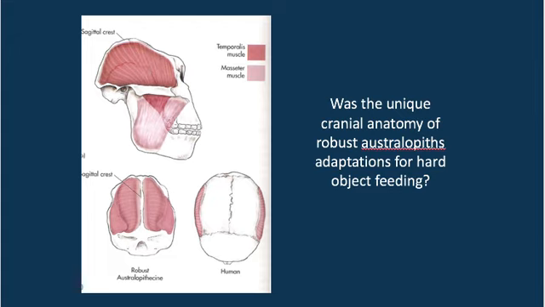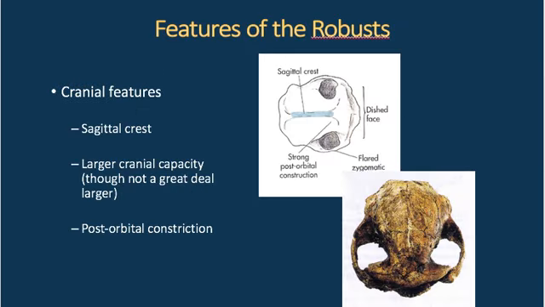So if we go back over to this slide and look at some of this anatomy, we can see this postorbital constriction right here. It pinches in the skull. We have the wide zygomatic bones right here. The combination of the postorbital constriction and the wide zygomatic bones leaves a big empty space right here, which I'm indicating with the cursor.